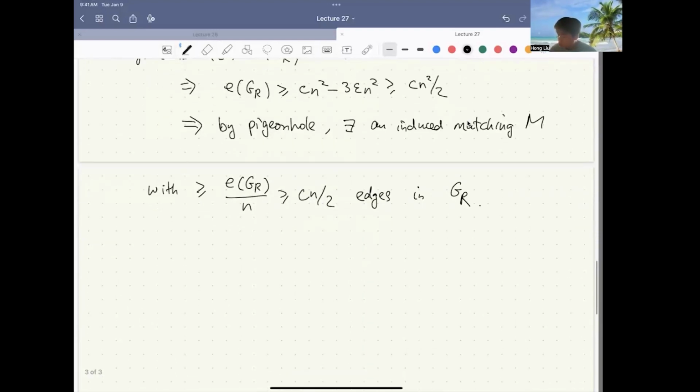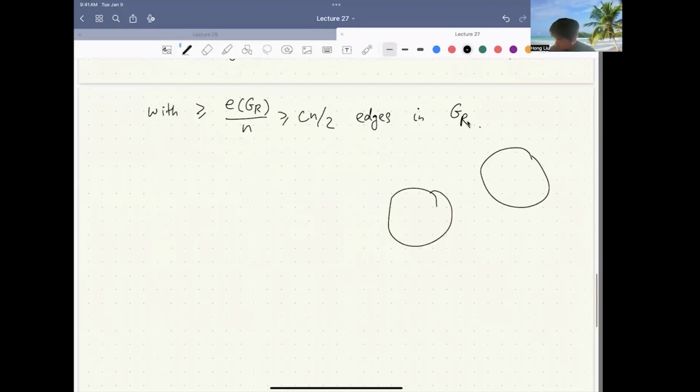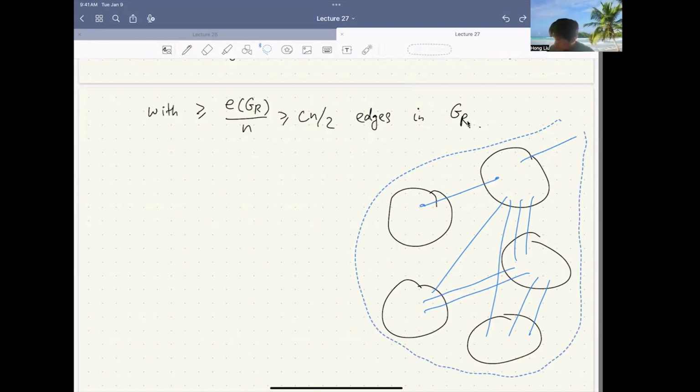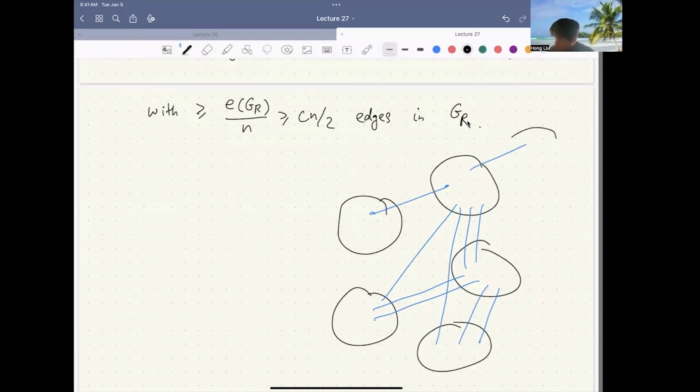And so here's a picture. Suppose the picture looks like this. This is our cluster, and this is the induced matching.